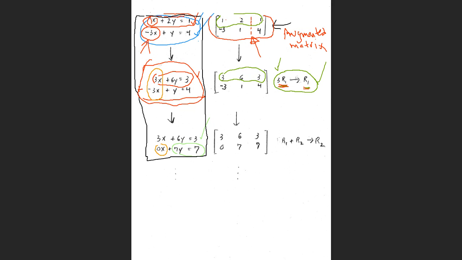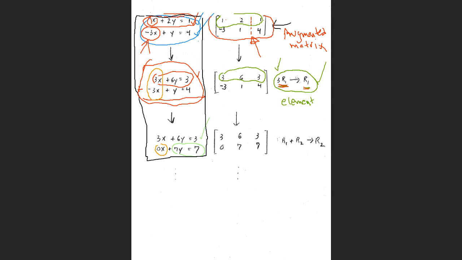Okay, are there any questions so far? What did you say was the name of the operation again? It's called a row operation. Actually, we call it an elementary row operation. I'll write it here.